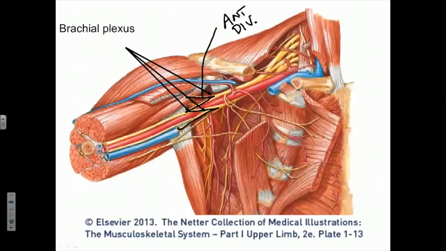And again, we're also making the point that the brachial plexus is largely giving rise to its branching pattern, its interweaving pattern, while coursing around the blood supply that is developing in the axilla as part of the upper limb.